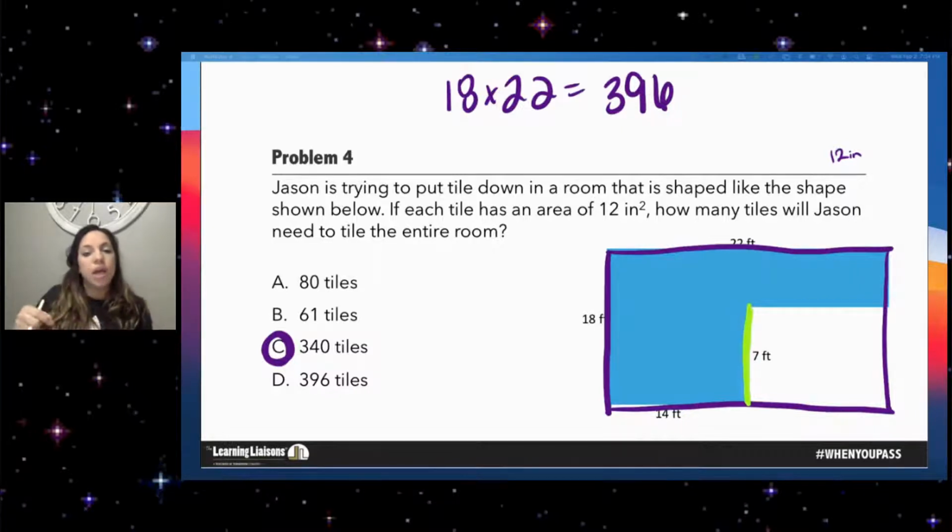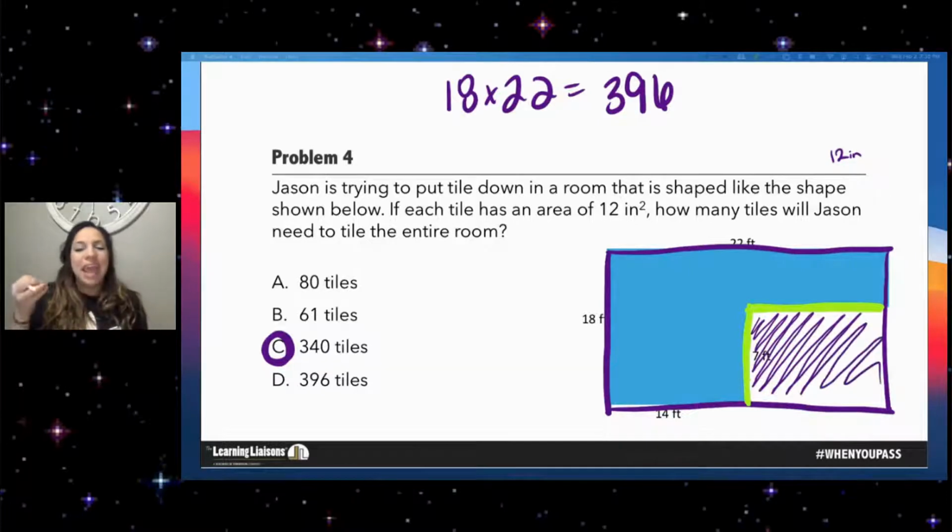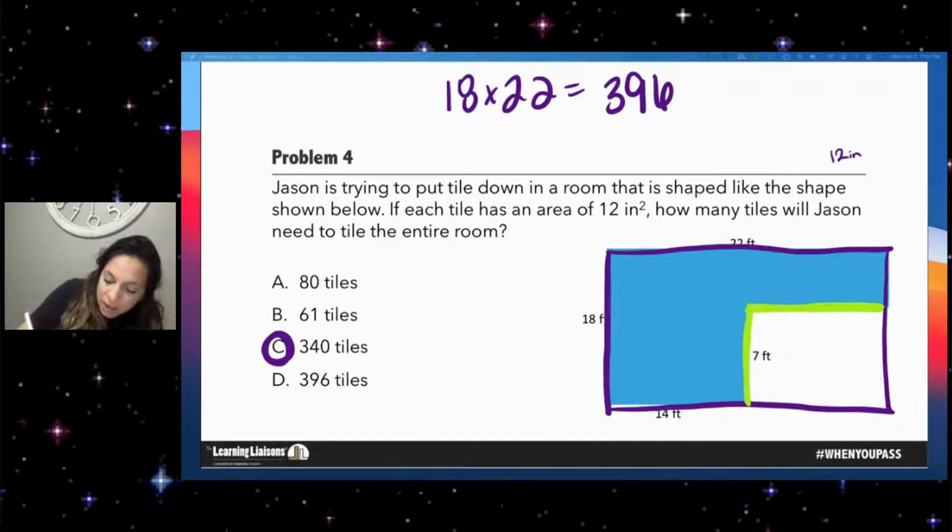I would have to subtract 7 times whatever this measurement is, because remember, we're subtracting this entire rectangle, so we need to subtract the area of that rectangle. Well, what is the area of that rectangle? The area of that rectangle is going to be 7 times something. What is that something?